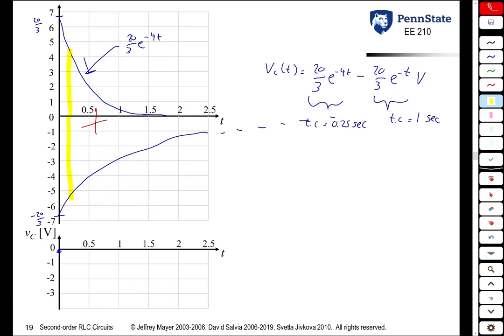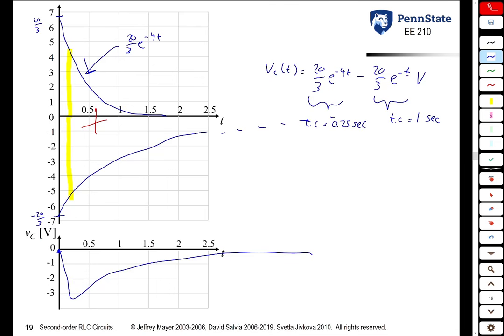It's going to become negative. But eventually, it's going to go to 0. So the response is going to look something like this. It's going to start decaying, but eventually it's going to stop and go to 0.